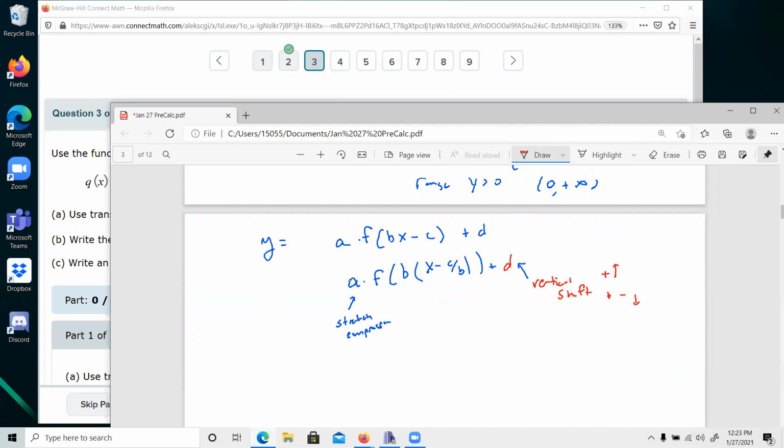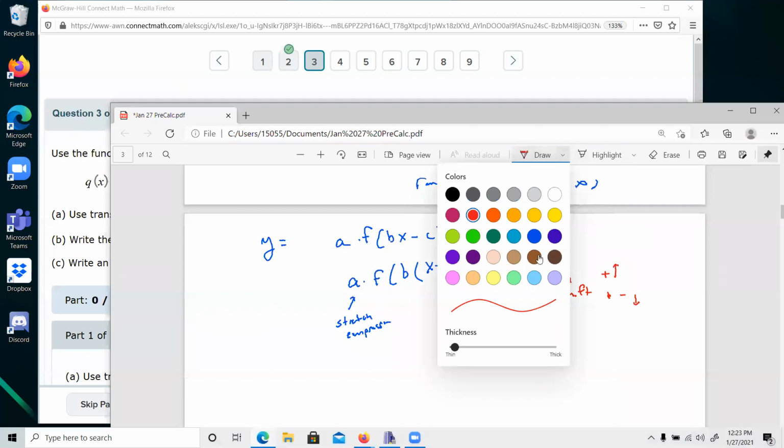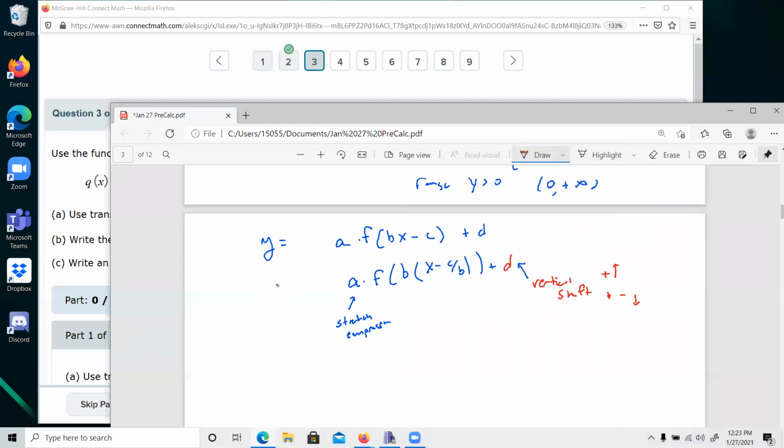If A was bigger than 1, right, we got a stretch. If A was smaller, or A was less than 1, then we got a compression. And the negative, right, the negative would flip it. Okay. So we'll put in a possible negative here. And this would be a vertical flip.